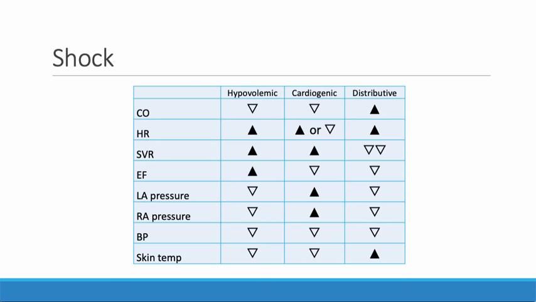Septic shock is distributive because there's plenty of blood or fluid, and there's great contractility. The problem lies in the SVR, right? The vasculature just collapses in septic shock, or other types of distributive shock, which are neurogenic shock and anaphylactic shock.